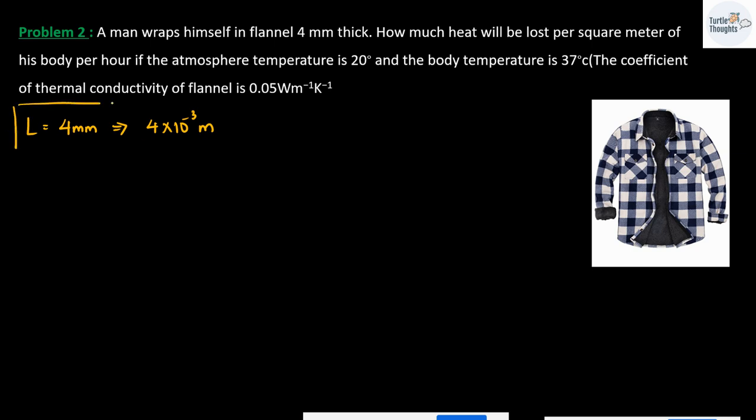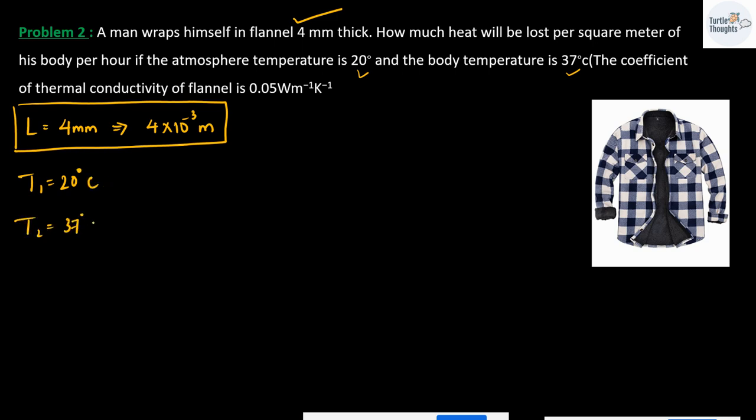This is going to be the value of L. Next, what do I have? I have the temperature which is 20 degree and 37 degree, right? So I can write T1 as 20 degrees Celsius, T2 as 37 degrees Celsius.